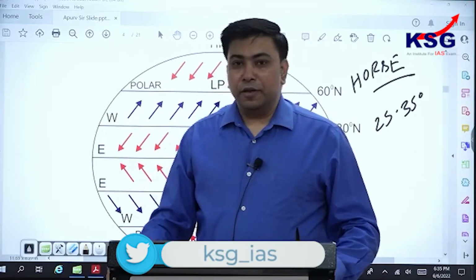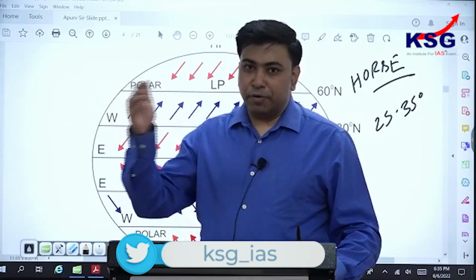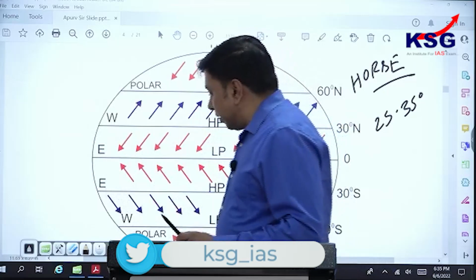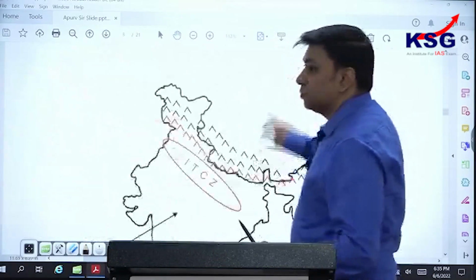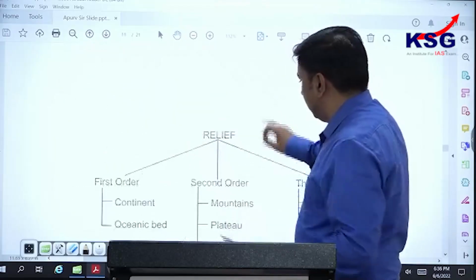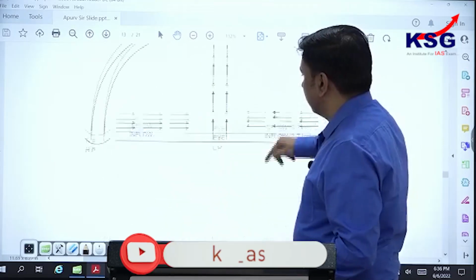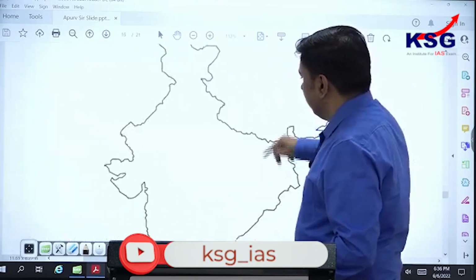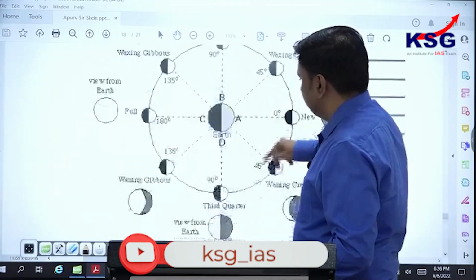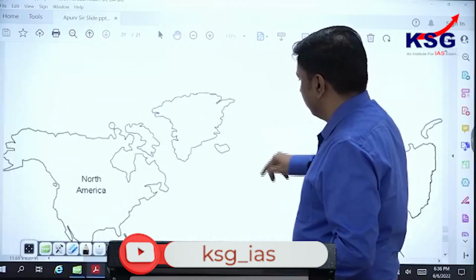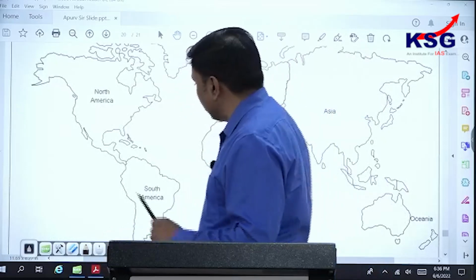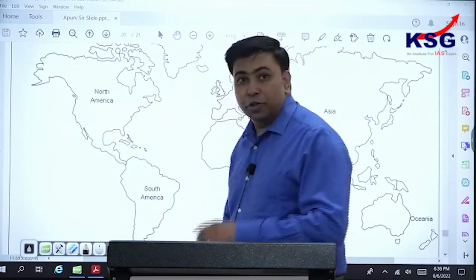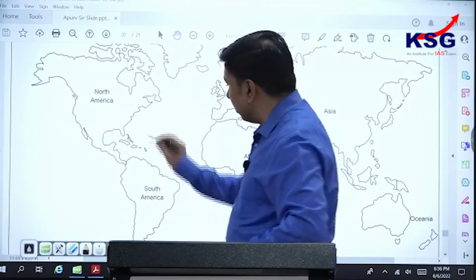Bermuda Triangle. We will discuss some concepts about Bermuda Triangle in the coming time. But if you closely see that Bermuda Triangle, ठीक है, I mean some group of islands are located along the western margin of Atlantic Ocean. ठीक है, यहाँ पर कहीं पर हैं.